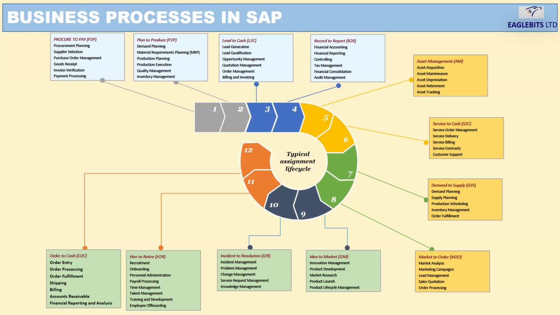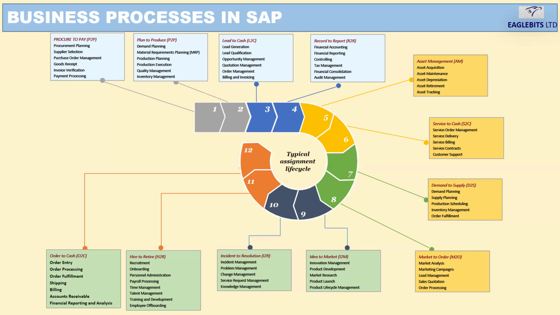Then there is the hire to retire, which ranges from recruitment to employee offboarding. Then there is the order to cash, which ranges from order entry, you taking on customers, and then receiving payments from customers, either for a product or for a service. And there is the analysis part for all these business processes.